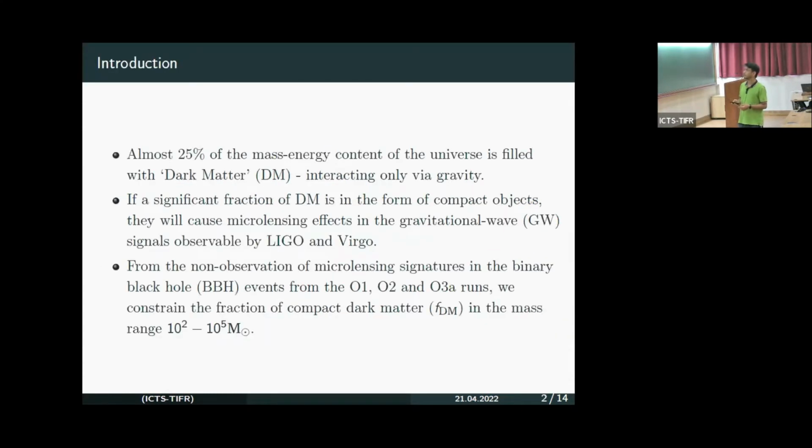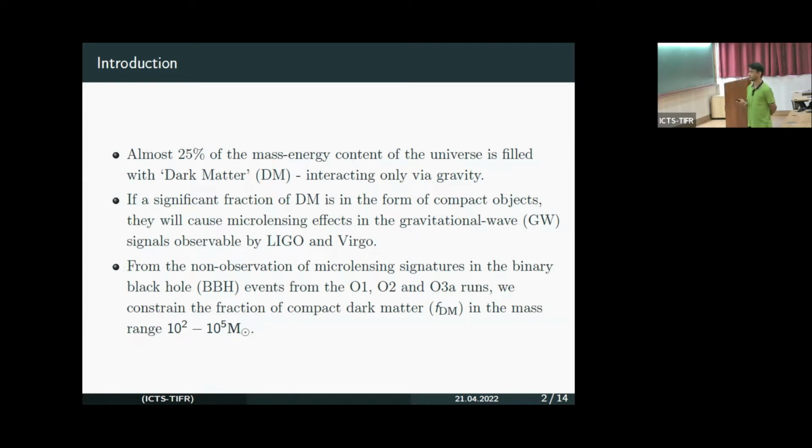So in the introduction, we know almost 25% of the mass energy content of the universe is filled with some unknown form of matter, which interacts only via gravity, and this form of matter is known as dark matter. If a significant fraction of this dark matter is in the form of compact objects, they will cause microlensing effects.